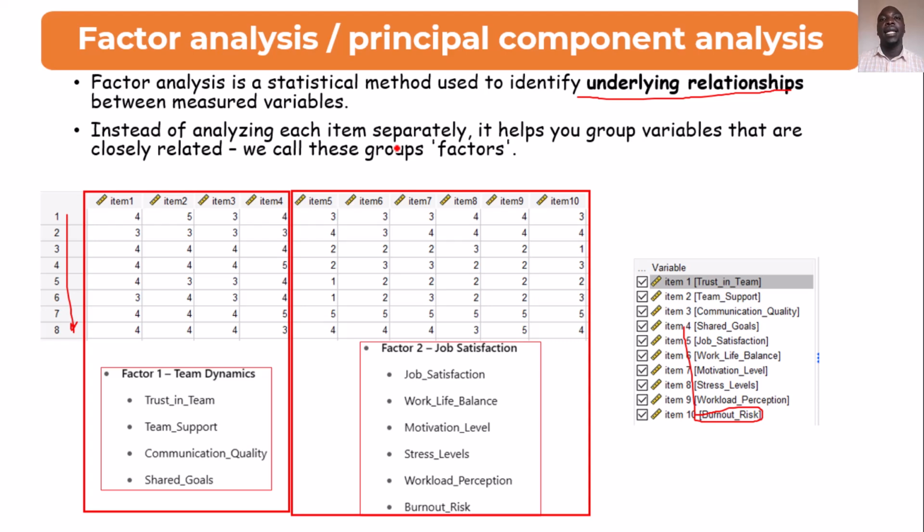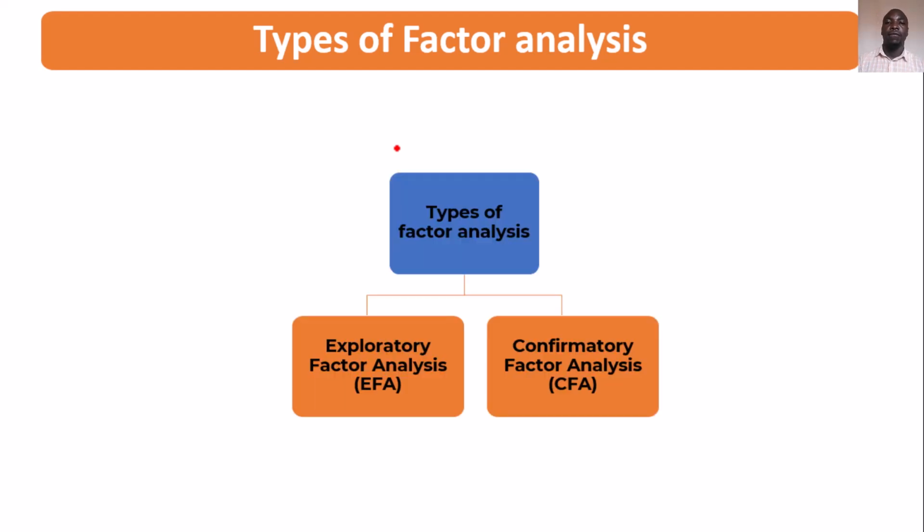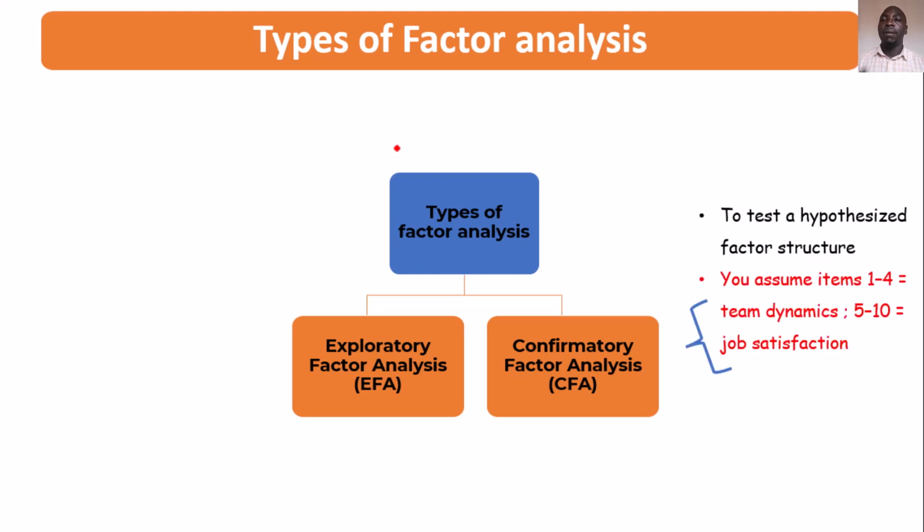So this brings us now to the types of factor analysis. There are 2 main types: exploratory factor analysis and confirmatory factor analysis. Confirmatory factor analysis is used to test a hypothesized factor structure. In our example, it is assumed that questions 1 up to 4 are related and measure a construct called team dynamics. So that is what we want to test.